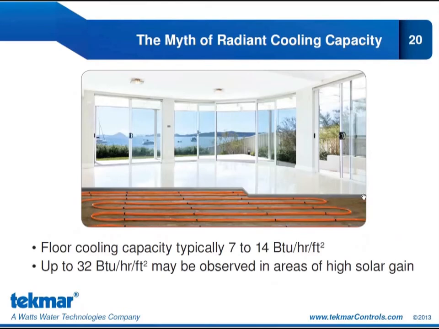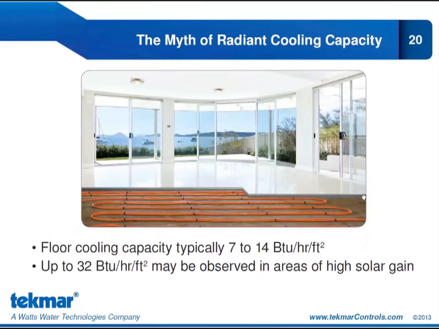As radiant heating and cooling has grown in popularity and we see more and more applications, we're starting to get more reliable data. But there is a lot of bad data out there that has led to some misunderstandings of what kind of capacity radiant cooling can offer. Typically, we're looking at 7 to 14 BTU per square foot.